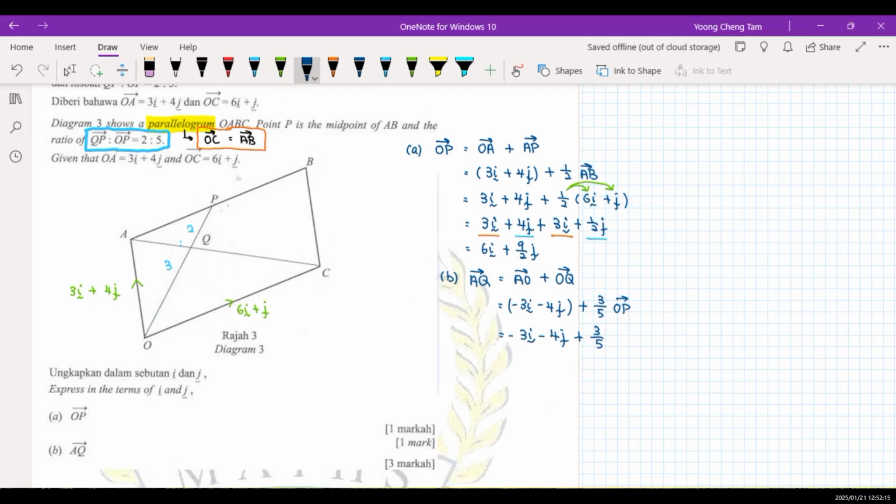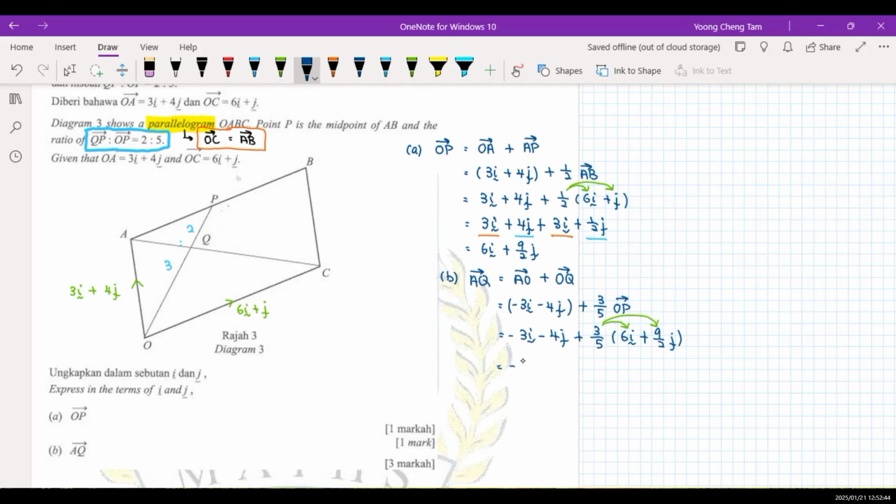So now, what is the vector for OQ? You can look at answer A, right? Answer A is the vector OP. So now replace vector OP with 6i plus 9 over 2j. Now you can open the bracket. 3 over 5 times 6 and 3 over 5 times 9 over 2.